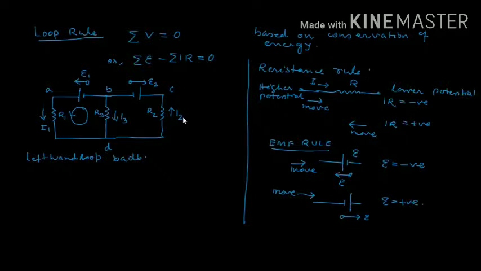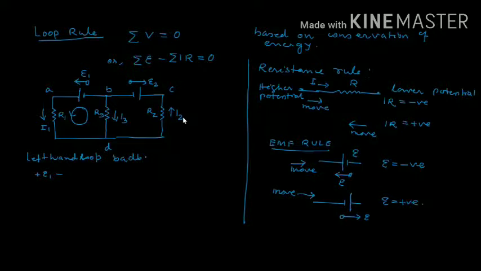When you move in the direction of the EMF arrow, that is taken as positive. E1 is taken as positive. So this is plus E1. Then we move in the direction of current I1 through the resistor R1. So the product I1 and R1 is taken as negative.